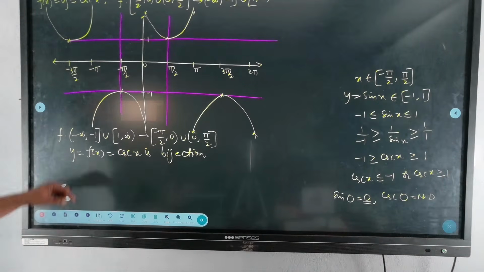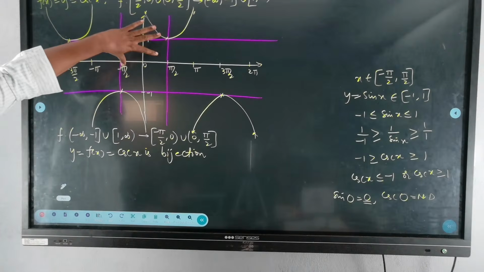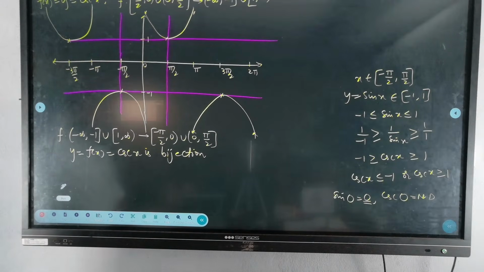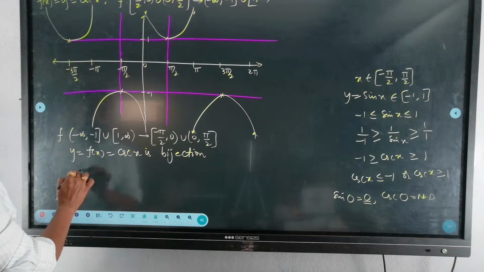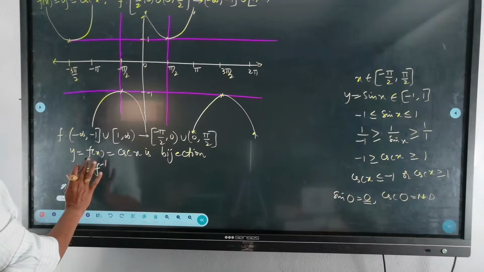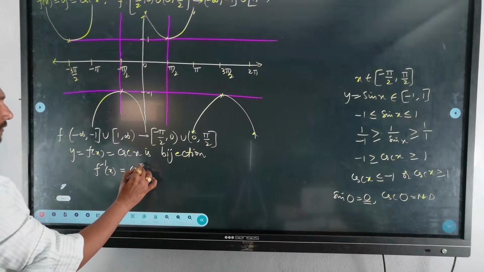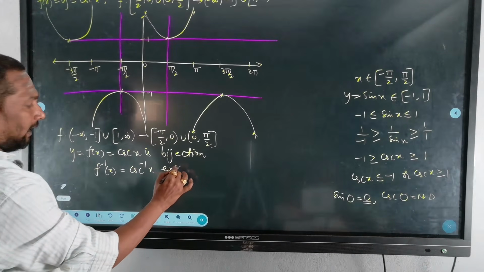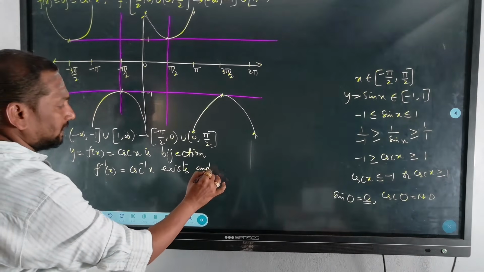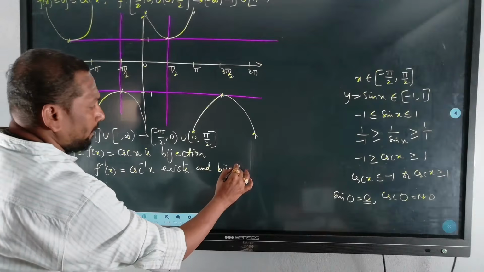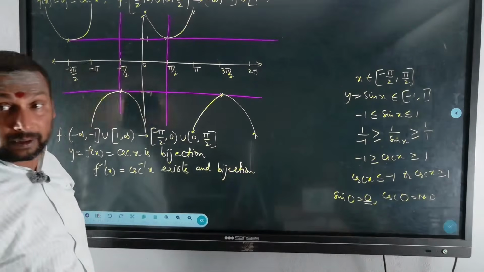In this part only it is a bijection. So y is equal to f inverse x is equal to cosecant inverse x exists and is a bijection. Note it here.